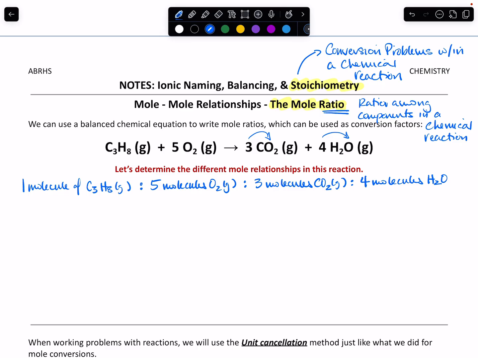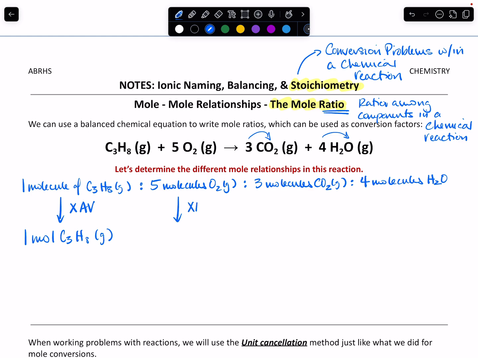So I can talk about it in terms of molecules. I could also scale that up because we know that molecules aren't particularly useful. If I take my one molecule and multiply that by Avogadro's number, that becomes 6.02 times 10 to the 23rd molecules, which is also known as 1 mole of C3H8 gas. By the same token, I can do the same thing to my 5 molecules of O2.